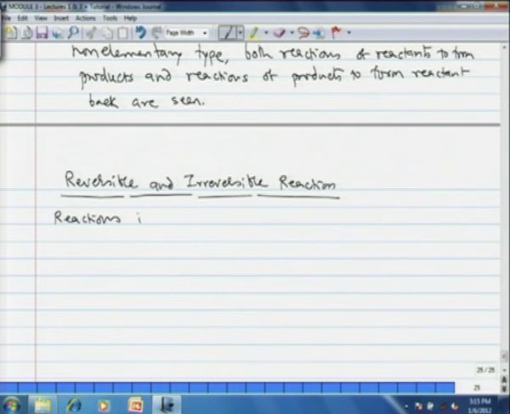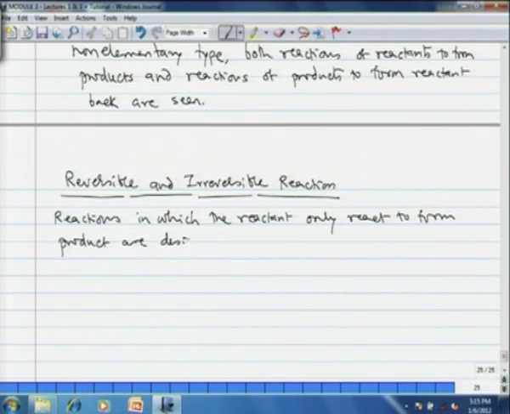Reactions in which the reactants only react to form product are designated as irreversible reactions.